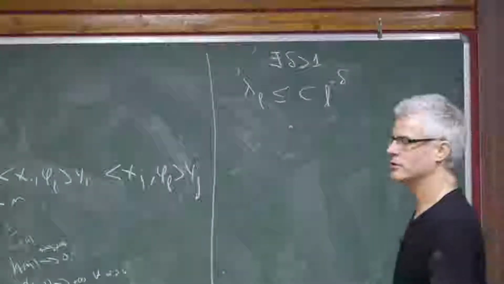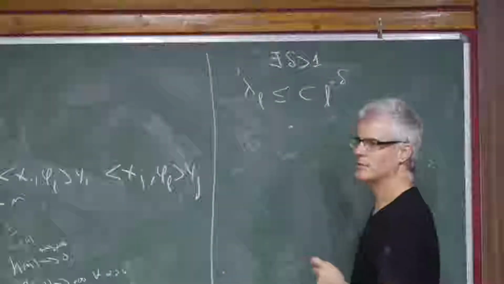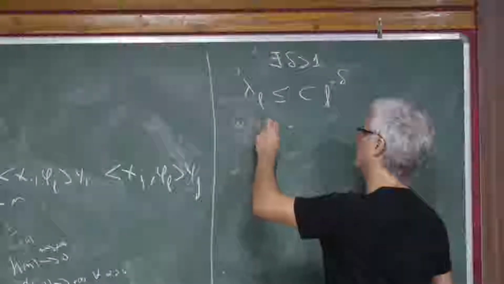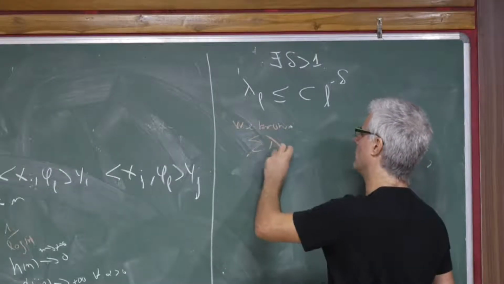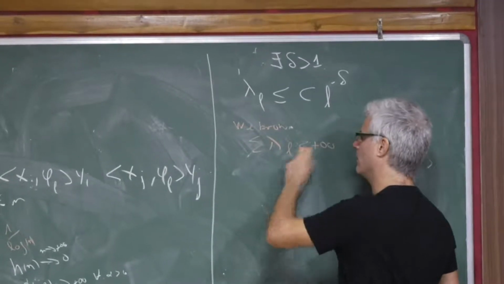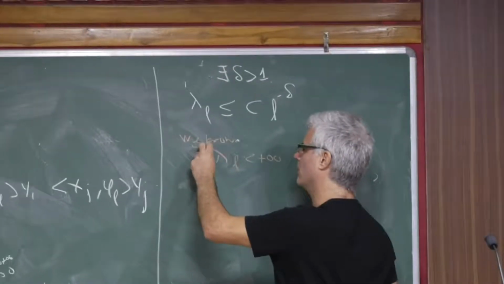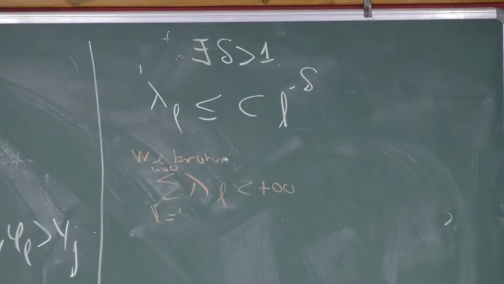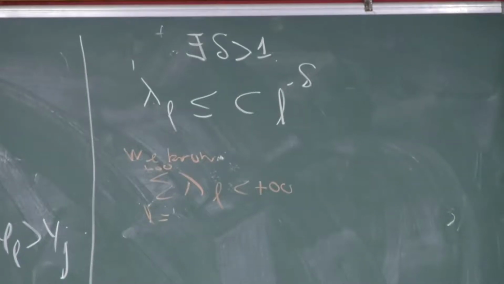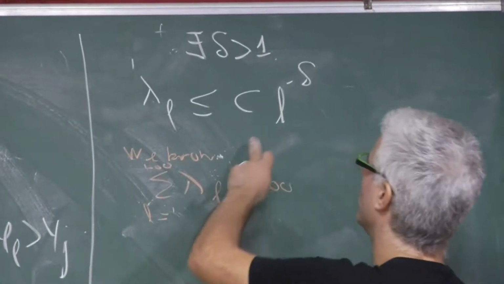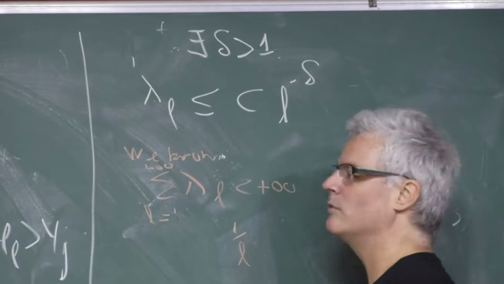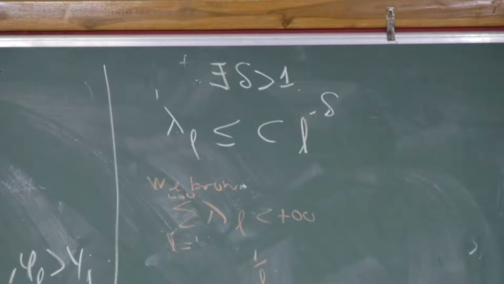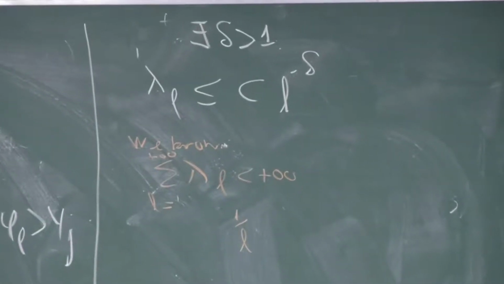It's not a very strong assumption, because we know that the infinite sum of the lambda L is finite. For example, they are smaller than 1 over L, because we know that the sum of 1 over L is not a convergent series.